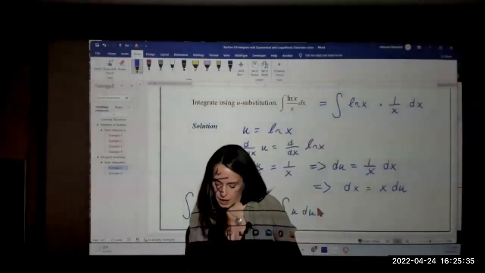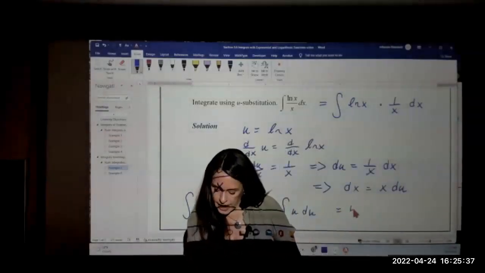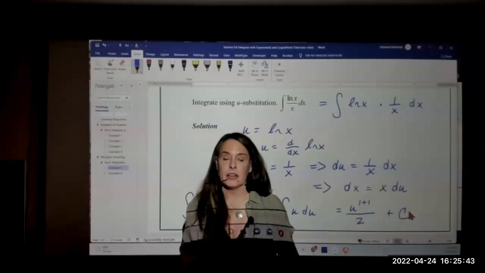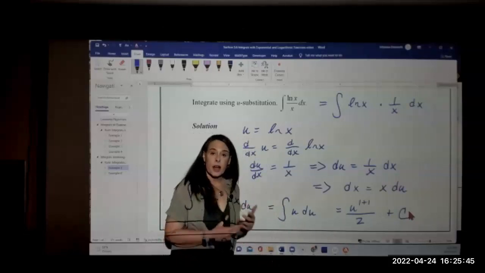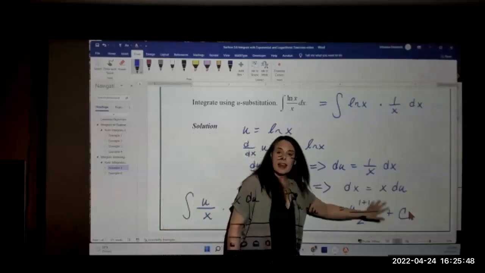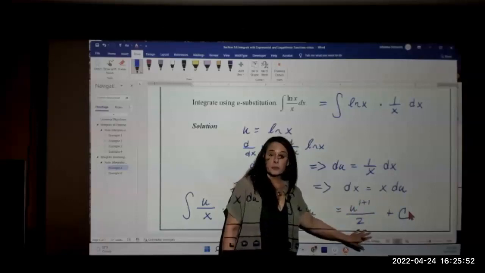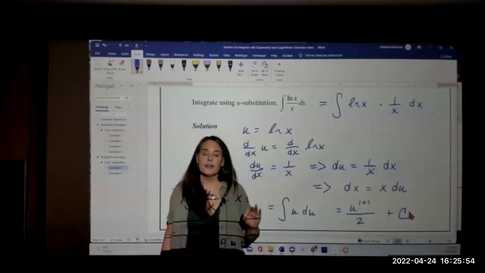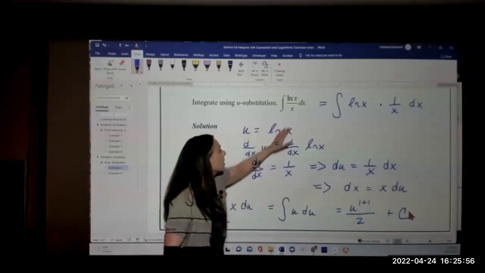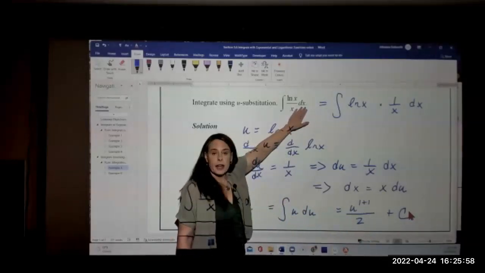So I apply the power rule, which means I add 1 to the power and I divide by the new power. And then because it is an indefinite integral, I add a constant of integration, a family of functions. This is the antiderivative function in terms of u. But I want the antiderivative function in terms of the original variable x.